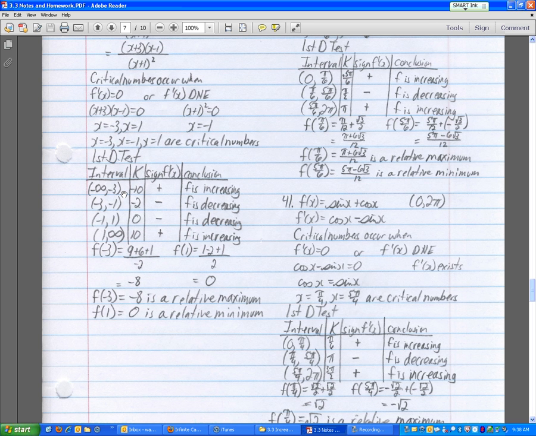You remember the logic? All right, so turns out when I plug negative 10 back up here in the derivative, I get a positive number. I don't care what the number is. I get a positive. So that means our conclusion is that the function is increasing. Then I go to the next interval, and I pick a number between negative 3 and negative 1.